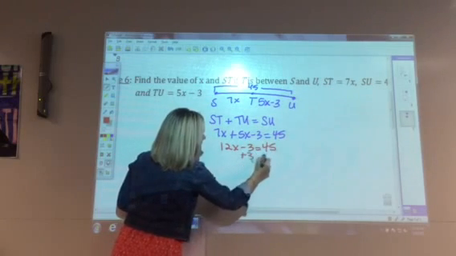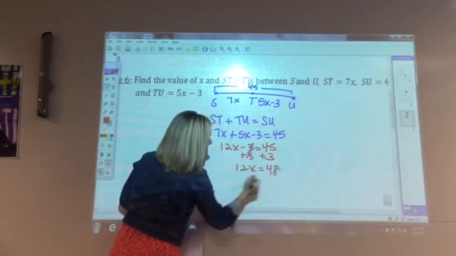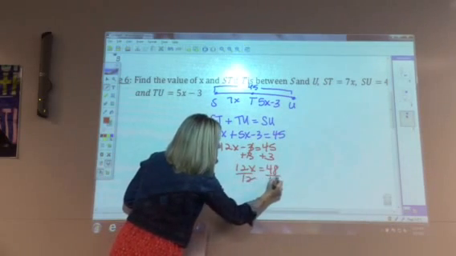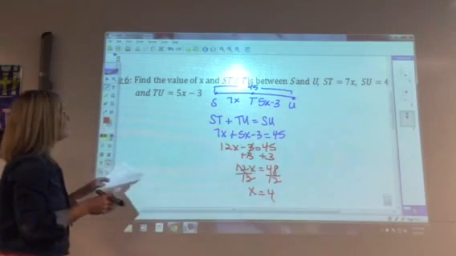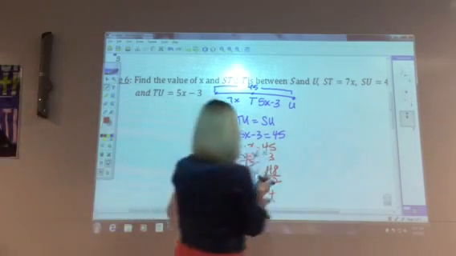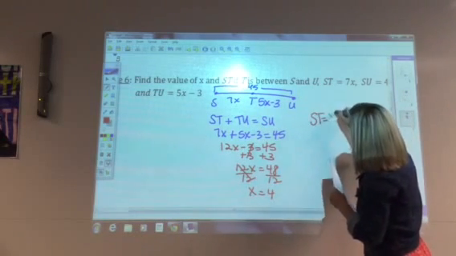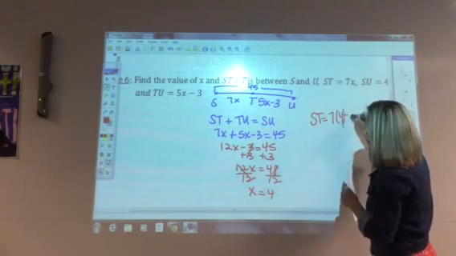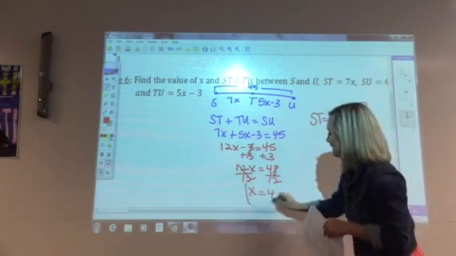When I add 3 over, I get 12X is equal to 48. Divided by 12, I get X is equal to 4. All right, and it asks us to find X and ST. So again, ST would be 7 times 4, which would give us 28. There's ST, and then there is X.